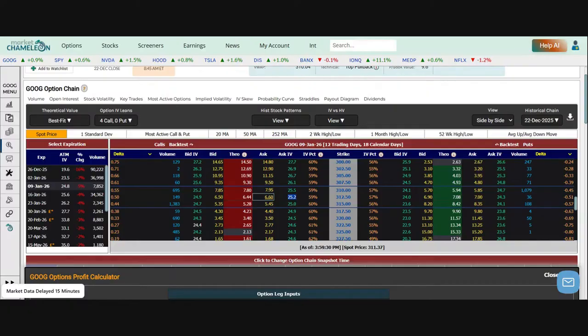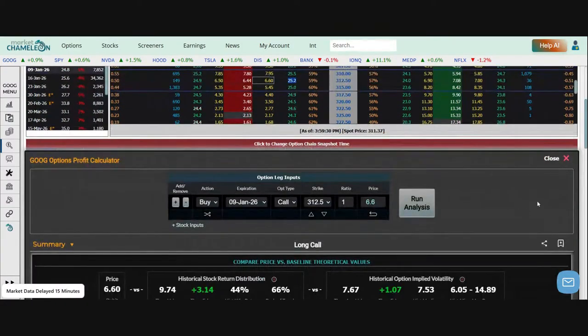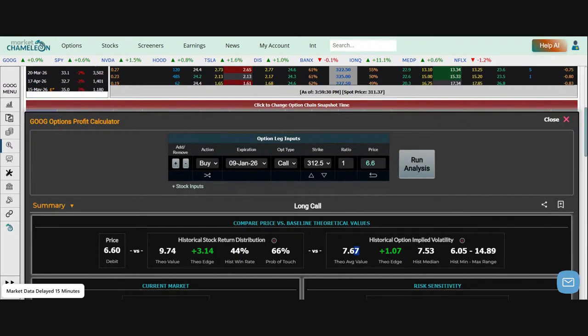So we work backwards, get those implied vols, plug them back in to see what the average option price is, and that's the 676.